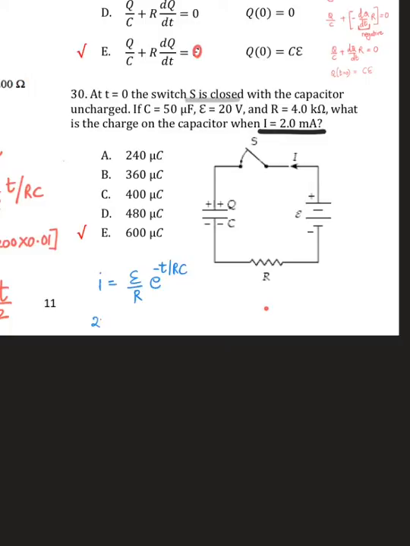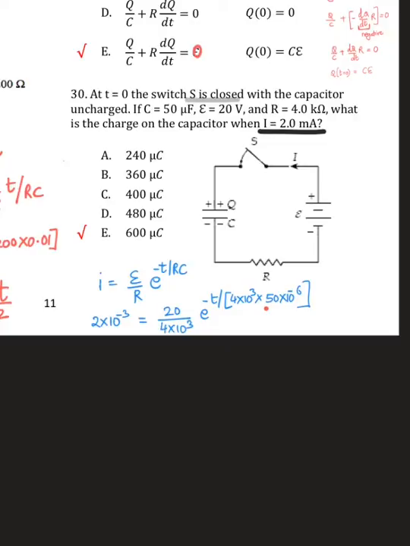So that's 2 into 10 to the power negative 3 equal to 20 over R. It's 4 into 10 to the power of 3 e to the power of negative T over RC. We will write that as 4 into 10 to the power of 3 multiplied by 50 into 10 to the power of negative 6.